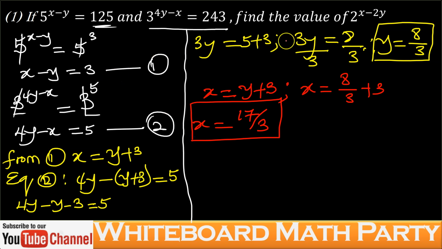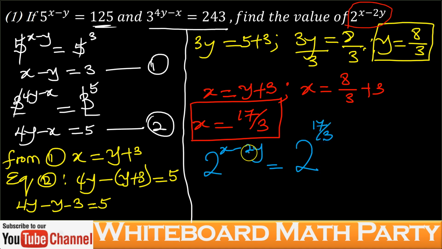Remember from the beginning, the question said we should find the value of 2 to the power of x minus 2y. So to find the value of 2 to the power of x minus 2y, this is exactly what we need to do. It leaves us with 2 to the power of, what's our x? 17 divided by 3. And what's our y?